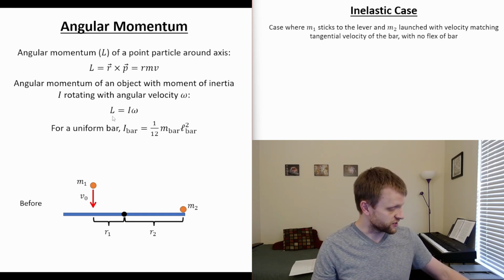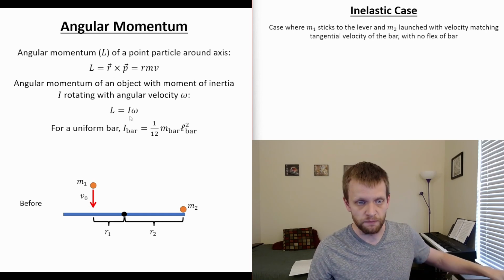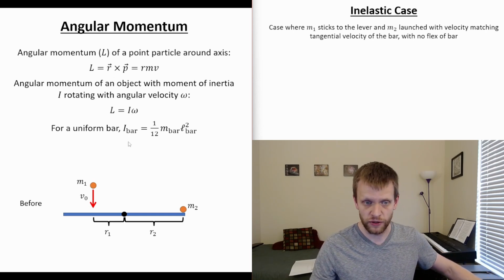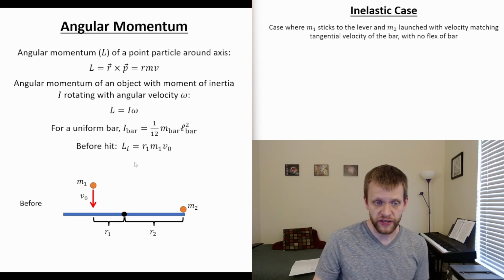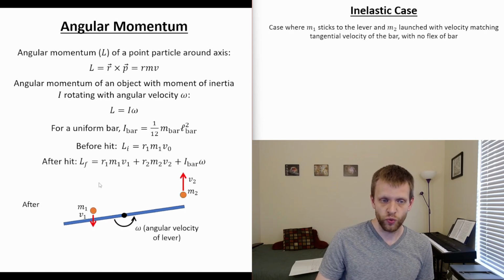And for an extended object like the bar itself, as it rotates, that's going to be its moment of inertia times the angular velocity. So before the hit, mass 1 would have an angular momentum around this axis of r1 times m1 times v0. Afterwards, we've got the angular momentum of object 1, object 2, and the bar.